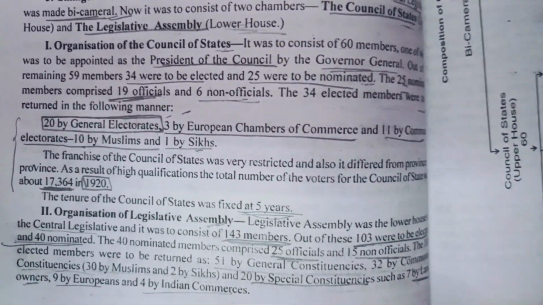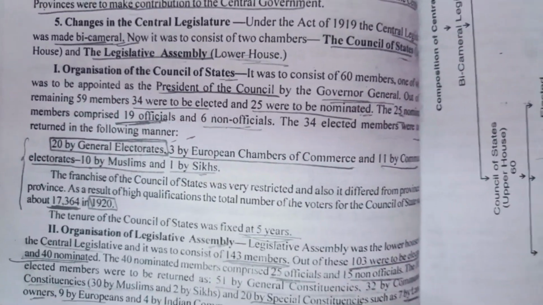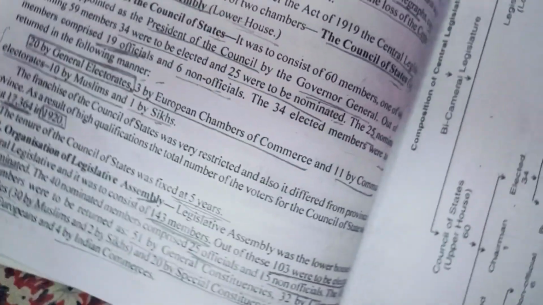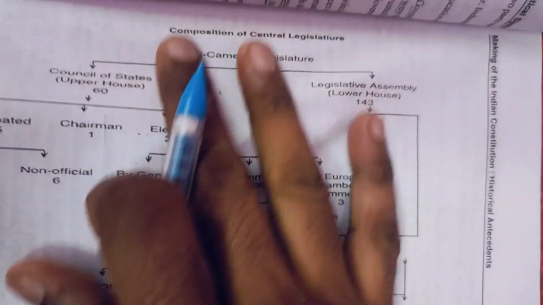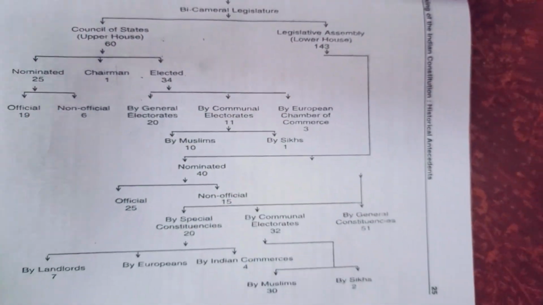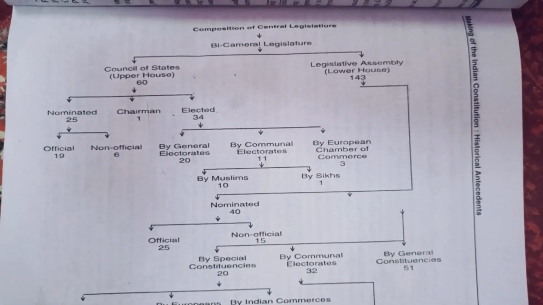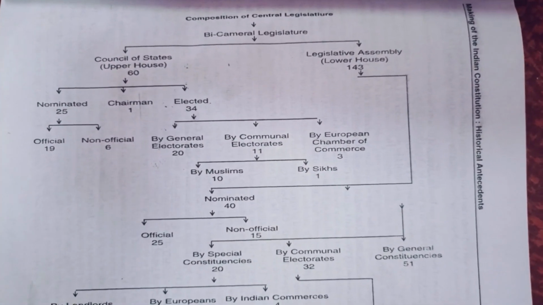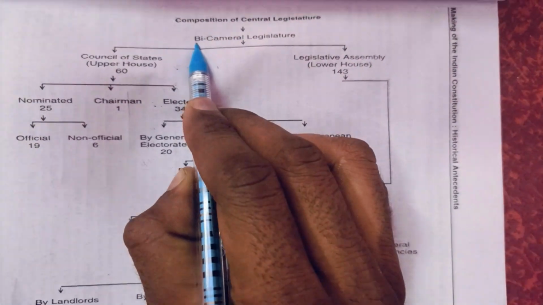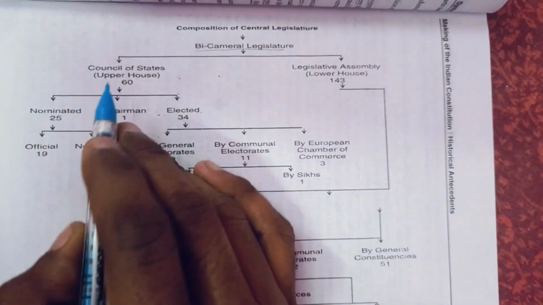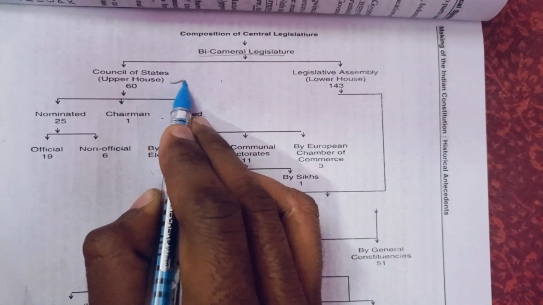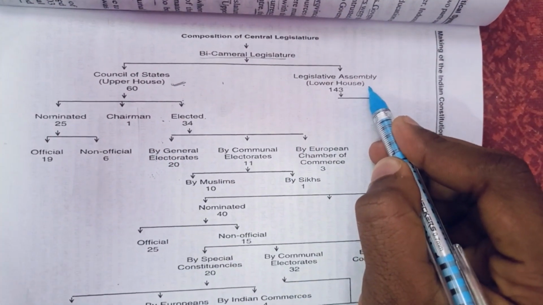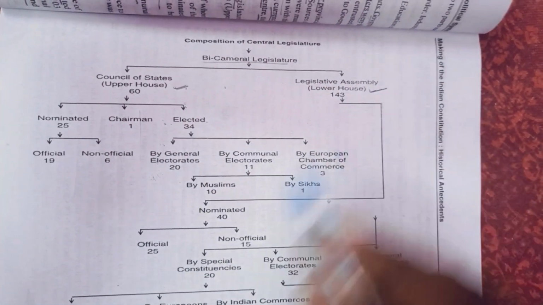Once again, let's revise this division of the members in the Council of State and the Legislative Assembly. Here you can see the composition of the central legislature. The central legislature was made bicameral, of which one was the Council of State, the upper house, and the other the Legislative Assembly, the lower house.